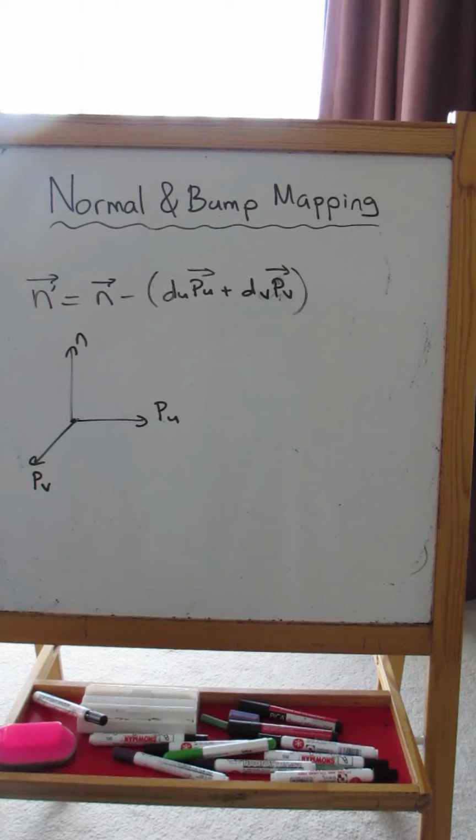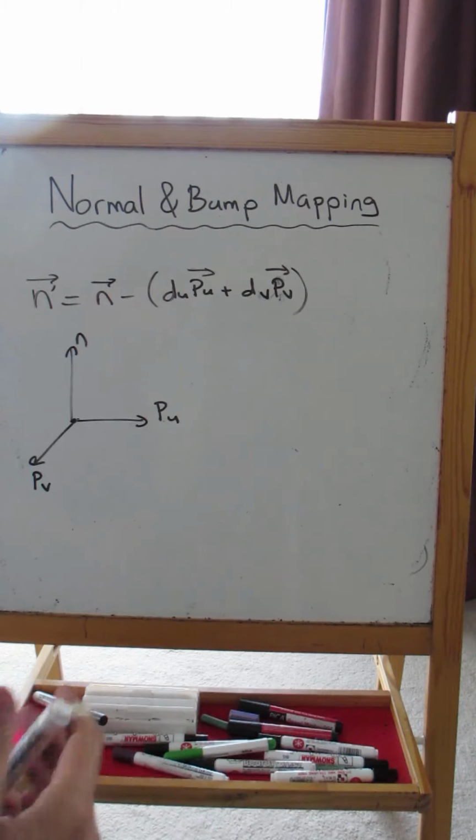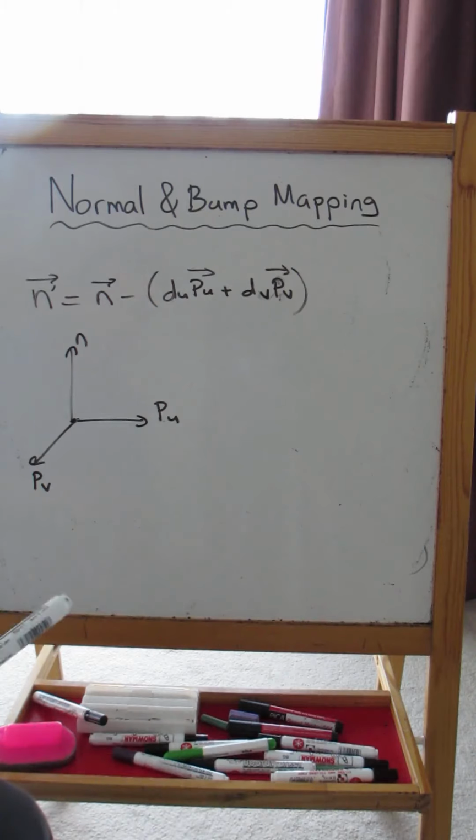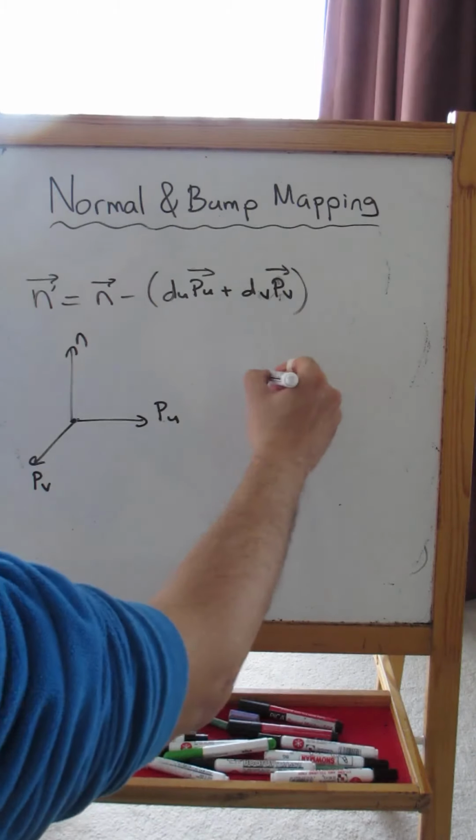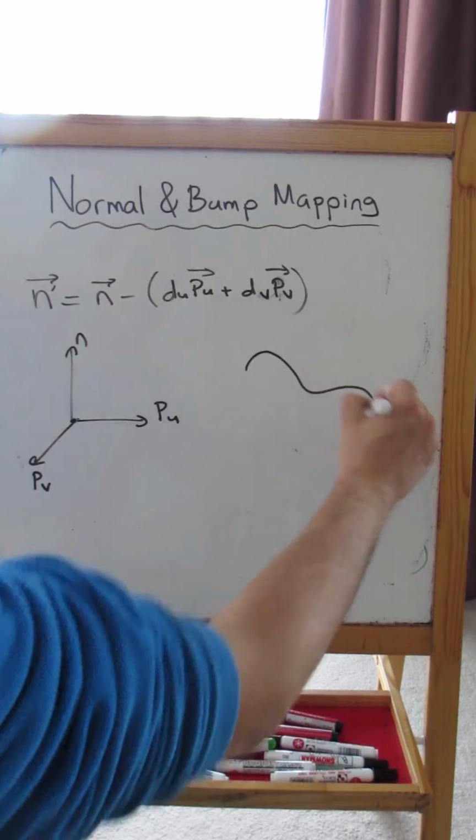So a gradient of a surface represents the direction and the magnitude of a rate of change on the surface. Let's say we have a surface like that, a 3D surface.